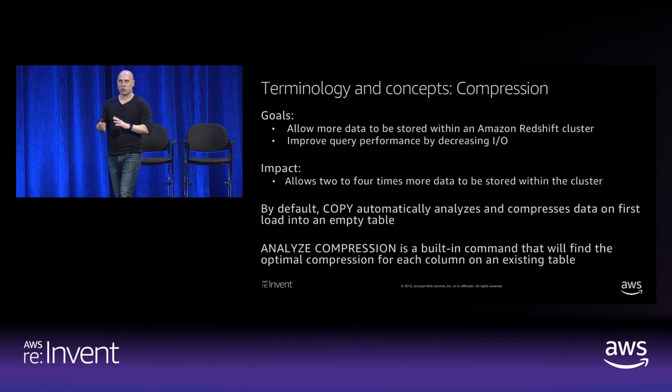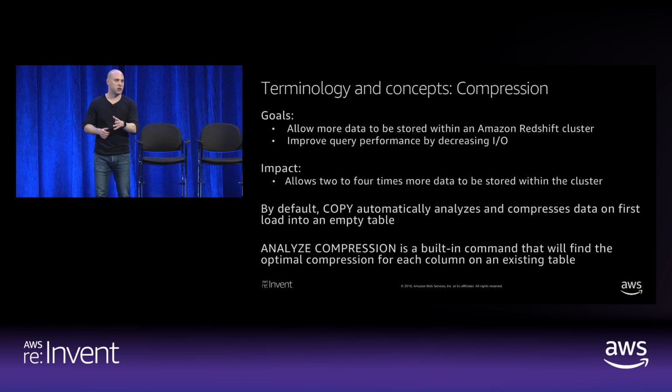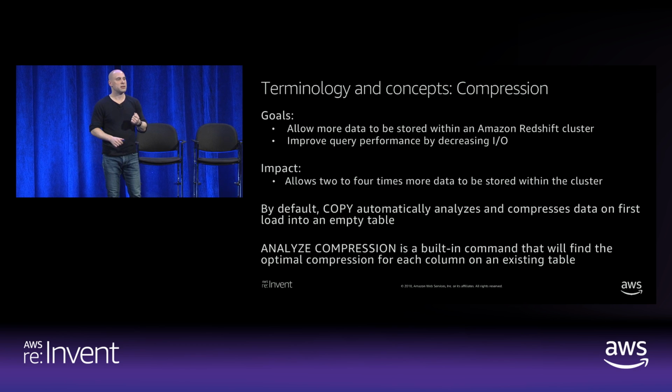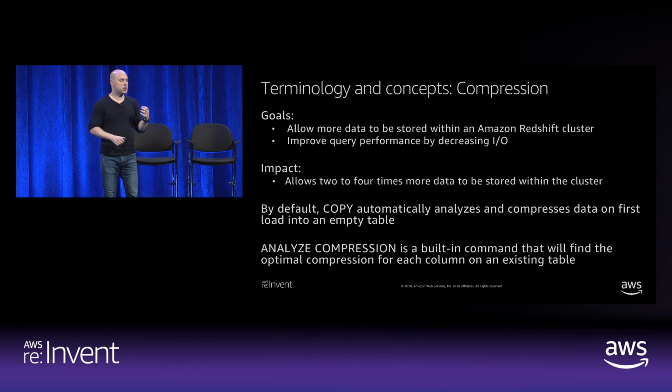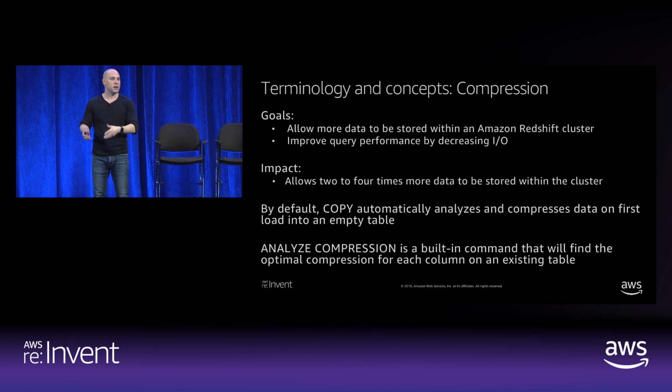These days, with the new compression types that we've added to Redshift, it's closer to 4 times compression, but I still always assume 3 times is a safe number. The second thing is that compression also improves performance, because it reduces the amount of I/O that we need to do off disk.